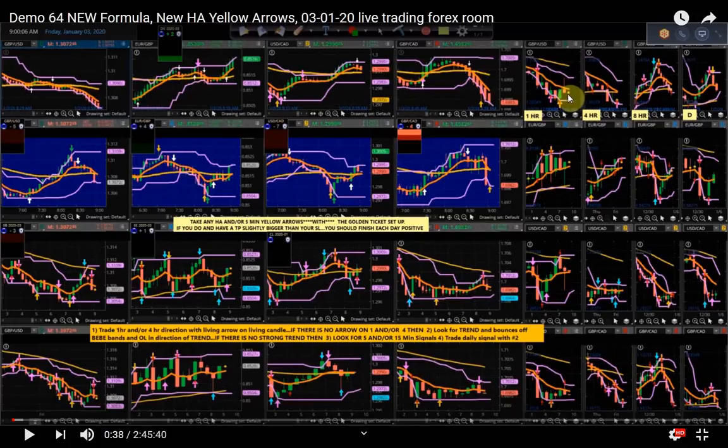This price has gone nowhere near it. Okay, so to me, the chances are that this is going to go up, based on a very simple higher low. Okay, it's higher than this low. Alright, golden ticket number 1 is direction up.